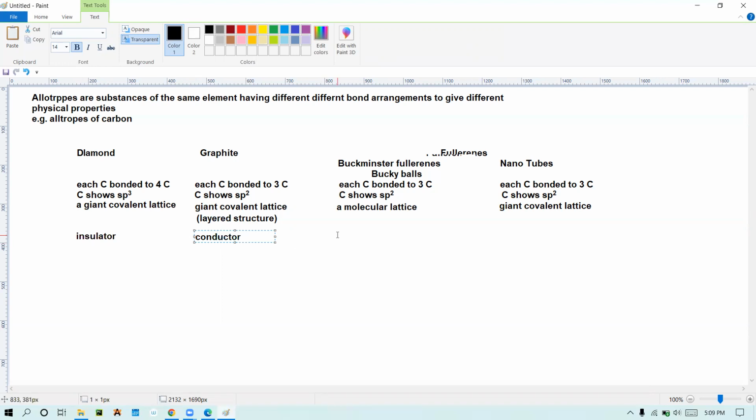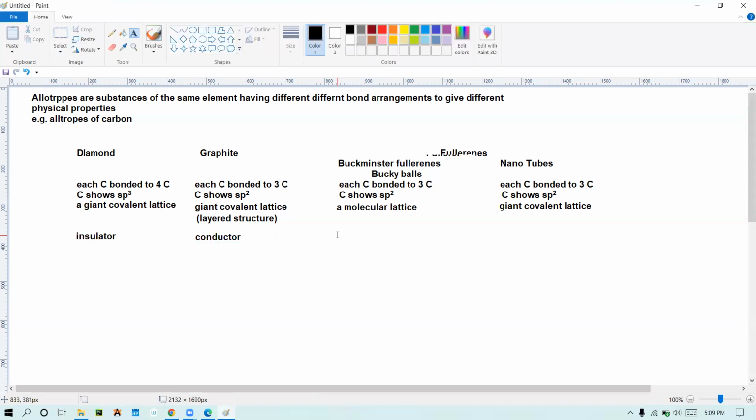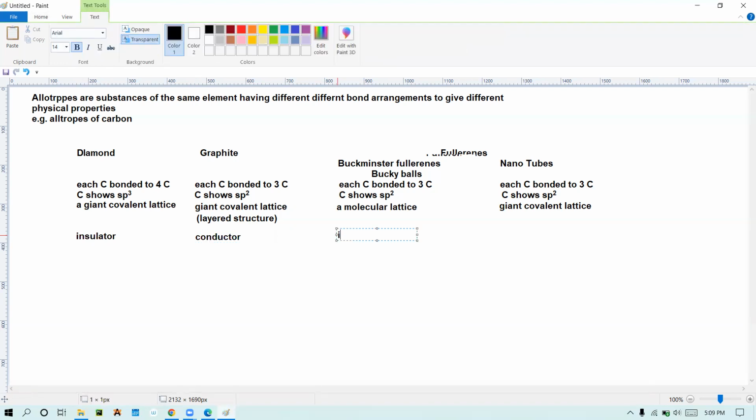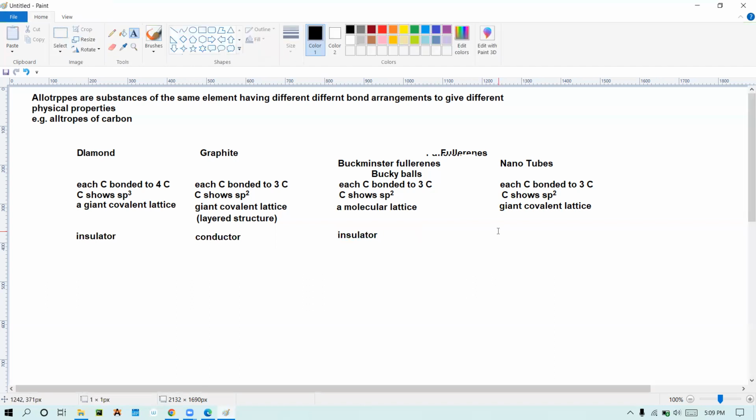Buckminster fullerene, buckyballs, insulator. Nanotubes, they can conduct. I can say conductor.